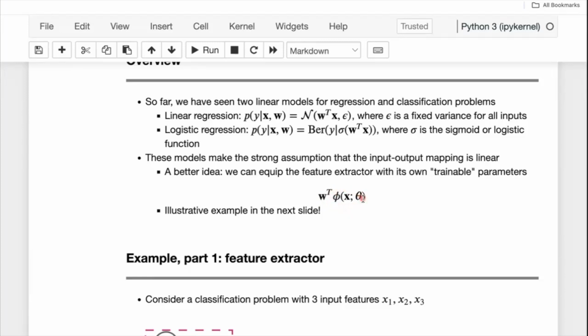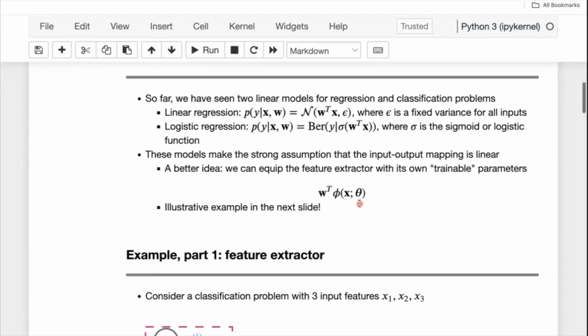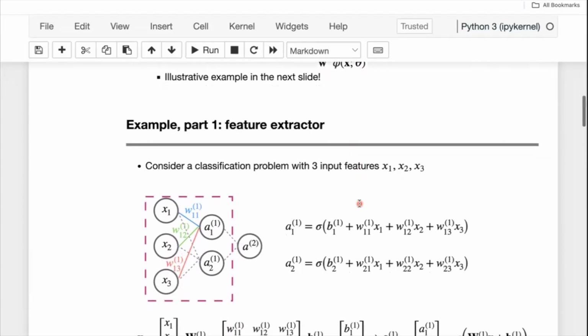We can actually have multiple layers of transformation, and I show this using this phi here, to extract some interesting patterns from this input feature vector x using some other parameters or weights that we have to learn. And this theta here typically refers to the weights or parameters that we have in our neural network model to find hidden representations of data. And this is exactly what we're going to explain in the next slide.